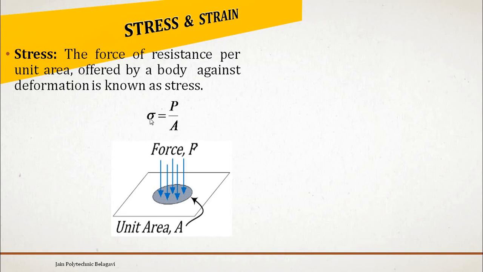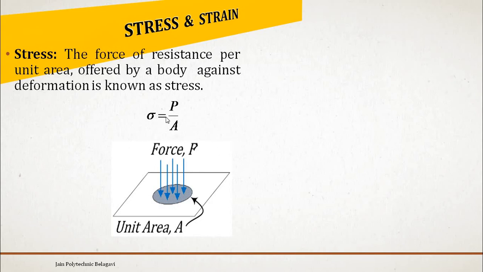Sigma is nothing but the notation given for the stress. So how to identify stress is load divided by area. Here this load is nothing but force which is applied on this particular unit area. So the ratio of load to the unit area is said to be stress.